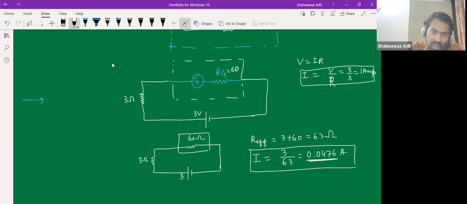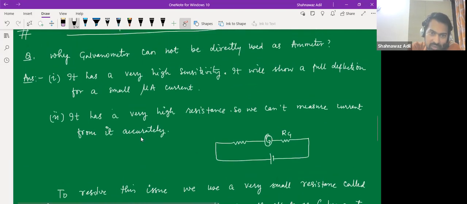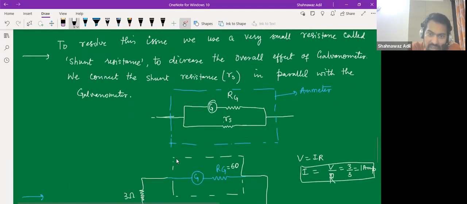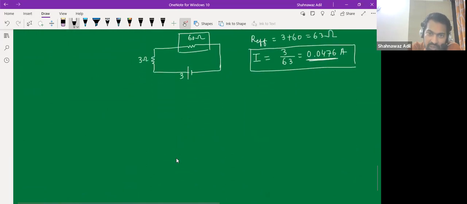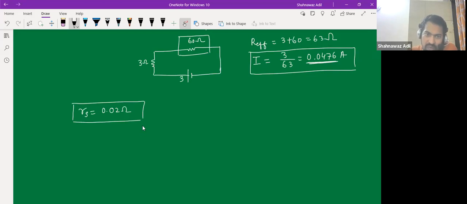So this was the question part. Now let us see the magic of this shunt resistance. I have a shunt resistance which is 0.02 ohm. I apply this shunt resistance parallel to this device.